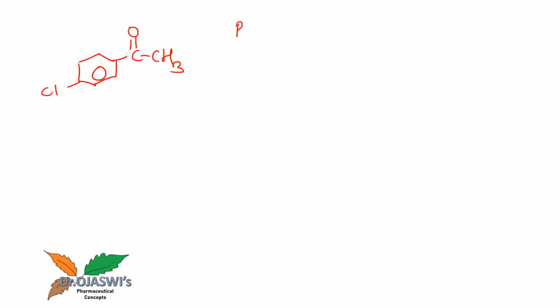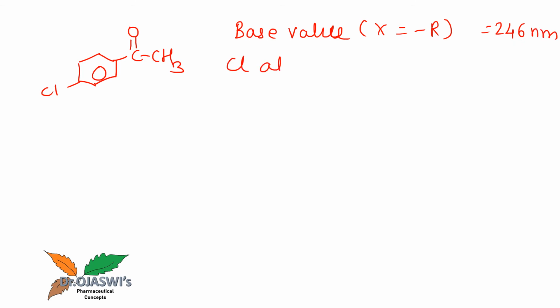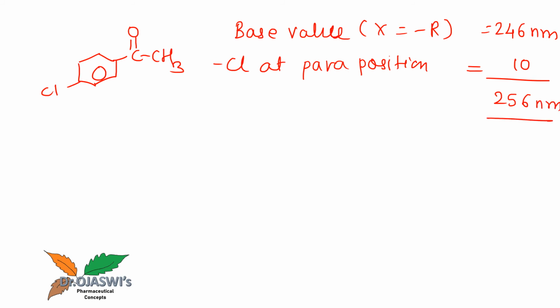The base value here for the acyl benzene derivative where X is equal to any alkyl group is 246 nanometers, and chlorine at para position increases the lambda max by 10 units as per the chart on the first slide. So 256 nanometers becomes the theoretical lambda max of this particular compound.